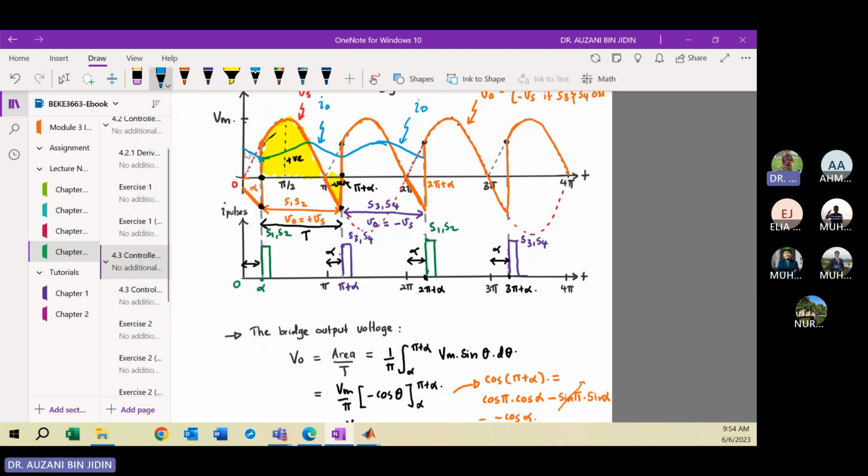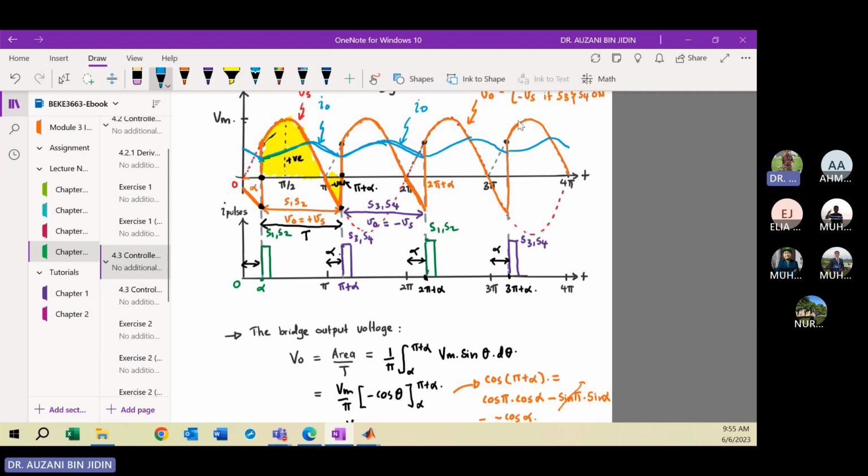So your inductor will be charged and discharged: exponentially increase and exponentially decrease, so here will be increase, decrease, and increase, decrease. So this is your output current and the variation of the output current.